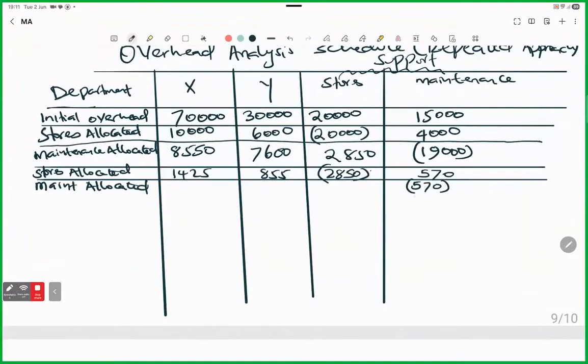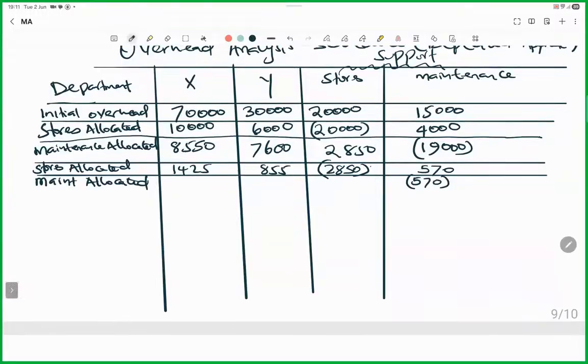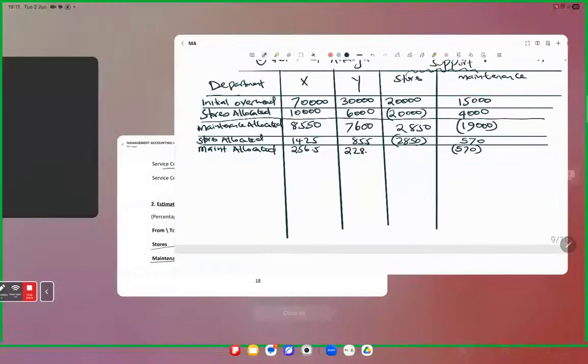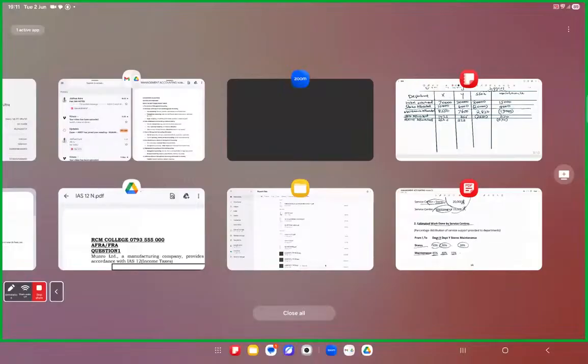So 45% of 570, or 0.45 times 570, gives me what figure? 256.5. How about the last one, ladies and gentlemen, which is what percentage? 15%.